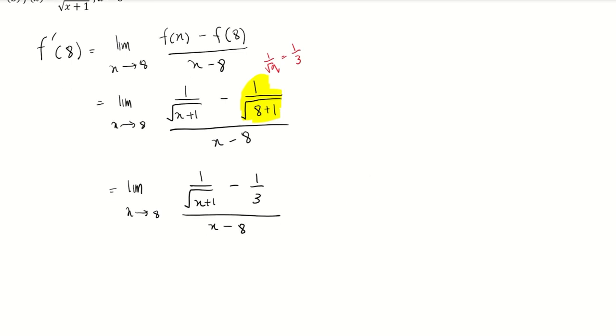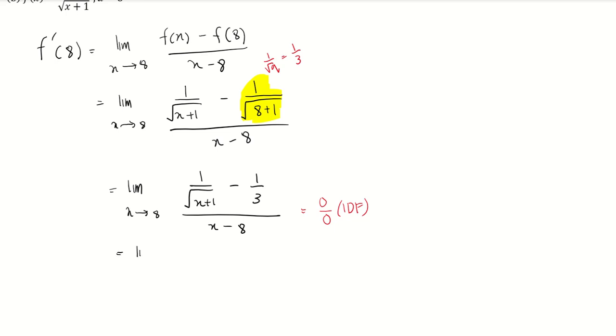If we substitute x equals 8 directly into this function, we get 0 over 0, which is an indeterminate form. So that means we cannot substitute yet. We need to factorize first or multiply with the conjugate. For this function, we can multiply with a conjugate, but before that, we need to simplify first.